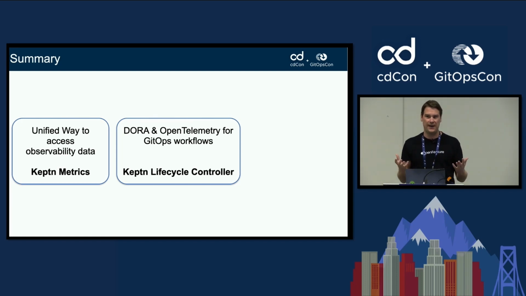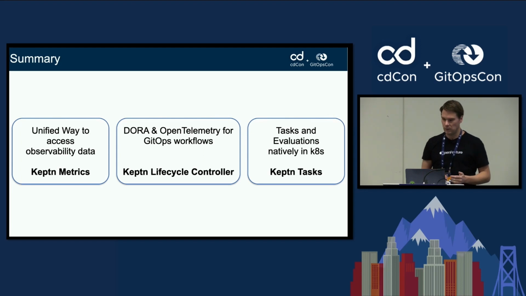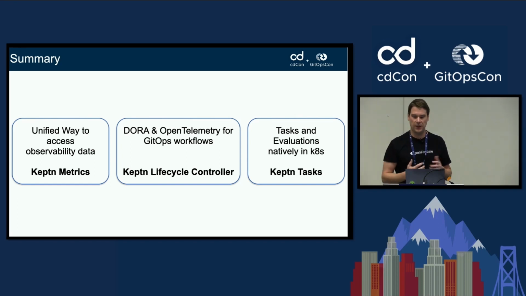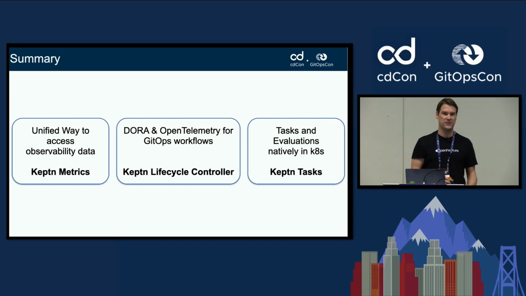Keptn doesn't really care because it's actually a pod scheduler extension, that's when it starts, when the pod is actually beginning to be scheduled. And of course, I talked about the idea of tasks, custom tasks, and the SLO evaluations. And all of this, as you've seen, happens natively in Kubernetes with CRDs.